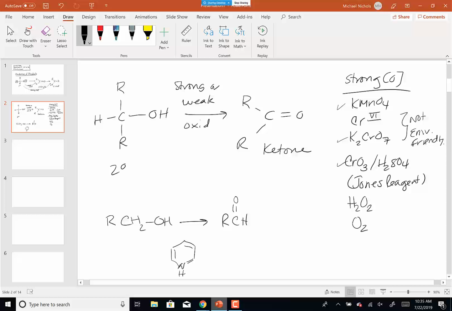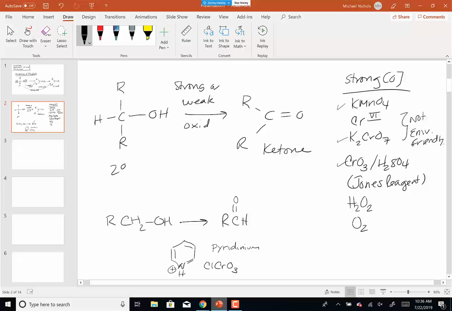We put a hydrogen on there, so we make pyridinium. And then we add HCl to turn the pyridine into pyridinium. And then we add the chromate.